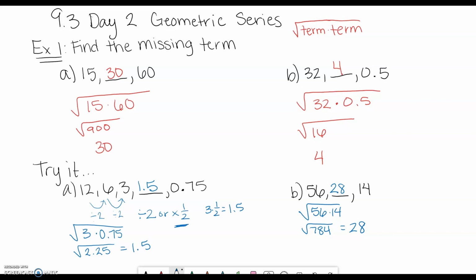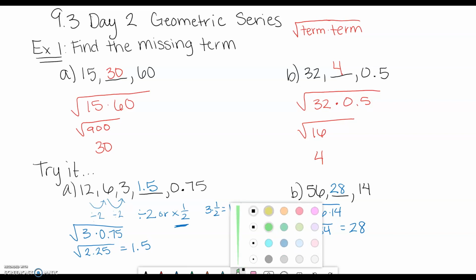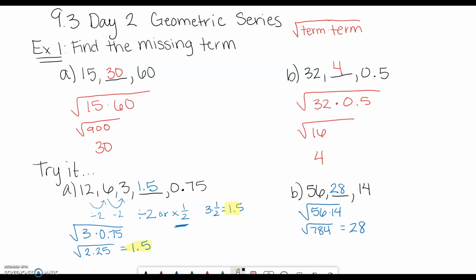So then 3 times 1/2 would be 1.5. And then I had recommended to check it with your formula, which is here. So the square root of 3 times 0.75 gives you 2.25, and then taking the square root is 1.5. And you can see that we got the same answer in both cases.